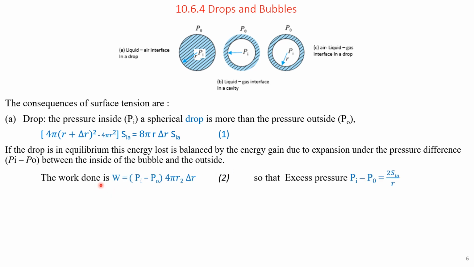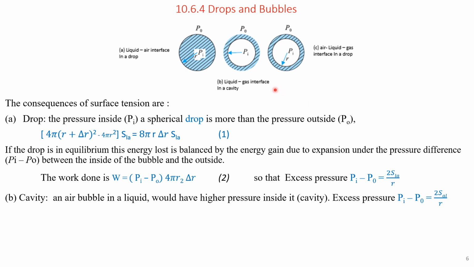Therefore, the work done W is given by Pi minus Po into 4 pi r square delta r. Let it be equation 2. So the excess pressure Pi minus Po is equal to 2 S suffix LA divided by R. So S LA is the surface tension between liquid and air.